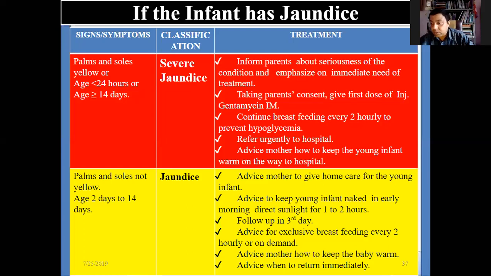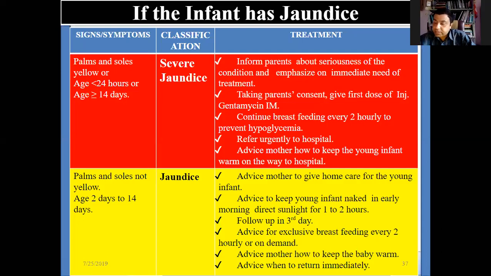Okay, if palms and soles are yellow, then you need to consider the age also. If it is less than 24 hours or more than 14 days, it is severe; if in between, then we can say physiological jaundice. So the time duration is important here. Severe jaundice means red zone.